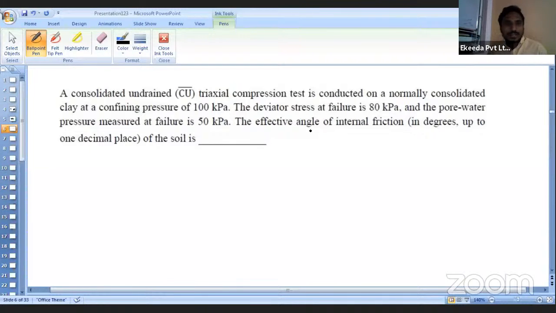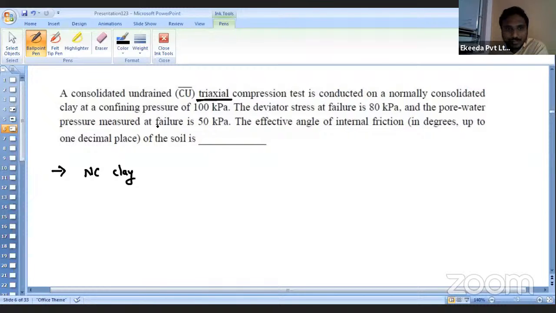A consolidated undrained triaxial compression test. So this question is related to the experiment. The triaxial test is conducted on a normally consolidated clay at a confining pressure, and the deviator stress at failure is 80 kilopascal.